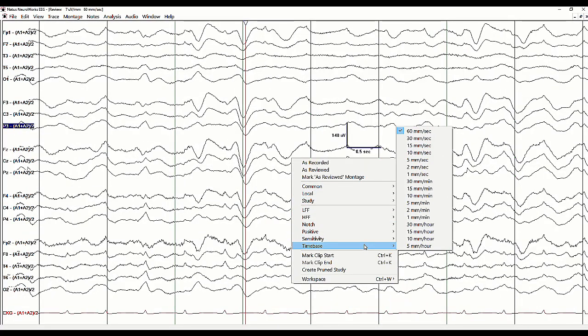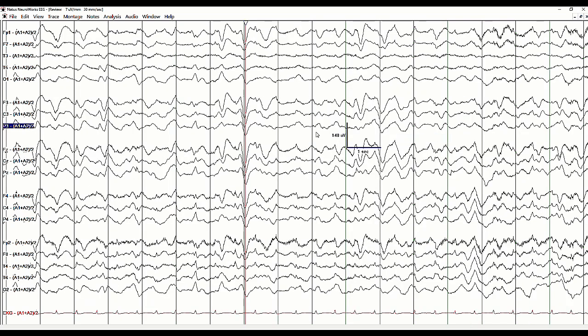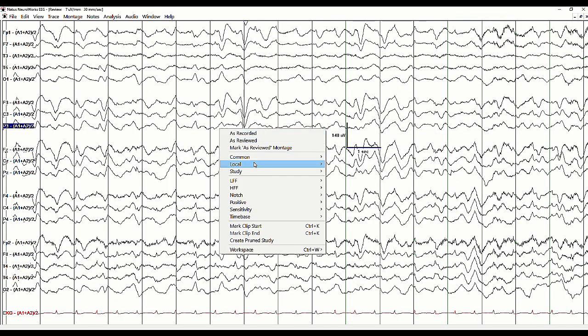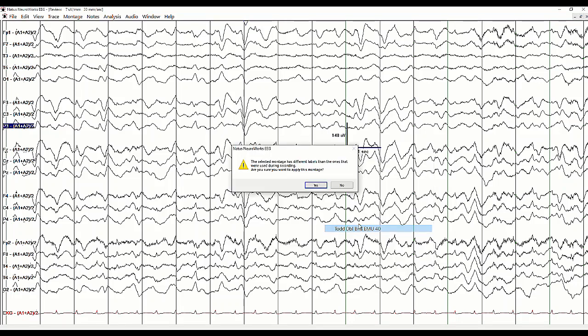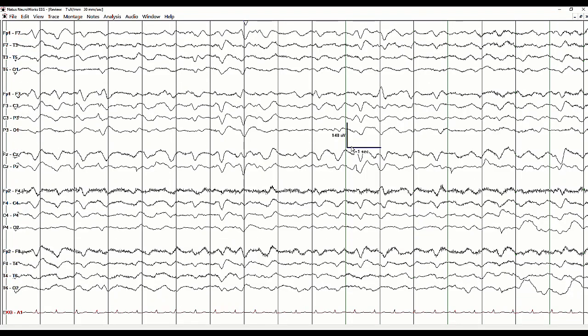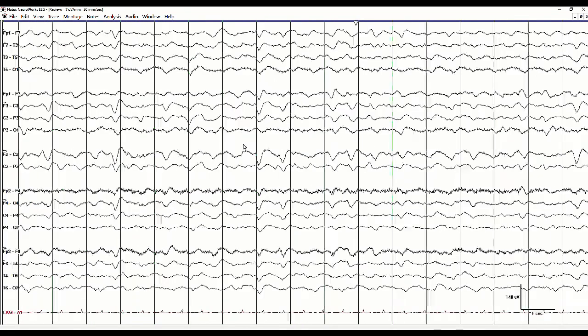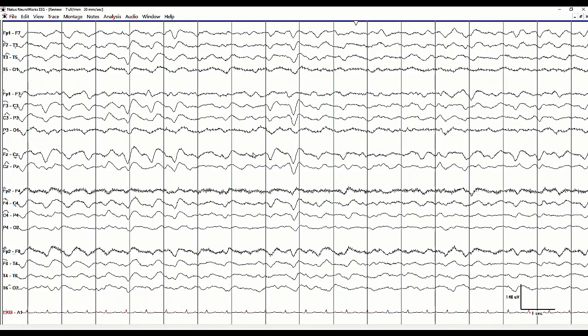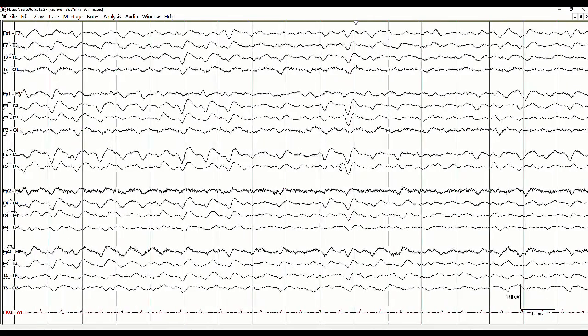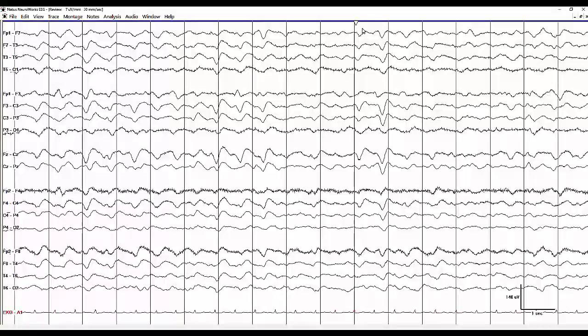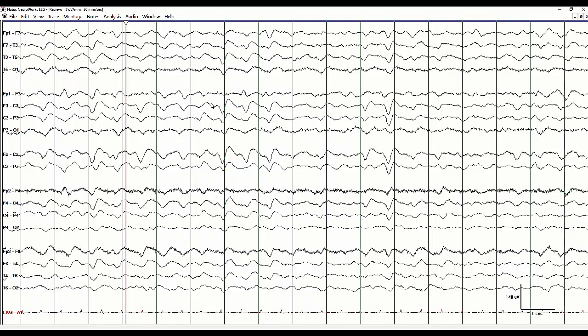All right, so I'm just going to change back to a double banana montage. And we can still appreciate that periodicity we see with these GPDs. And we also see how at times the GPDs with triphasic morphology are kind of entwined with GRDA, or they can exist on a continuum together.